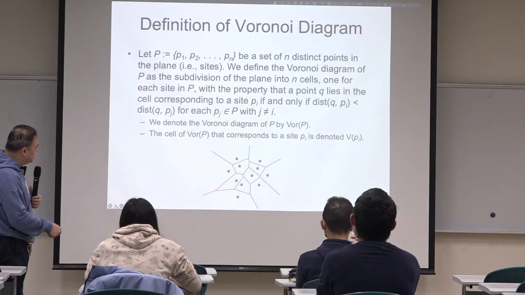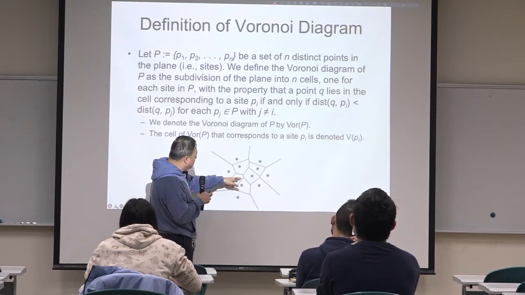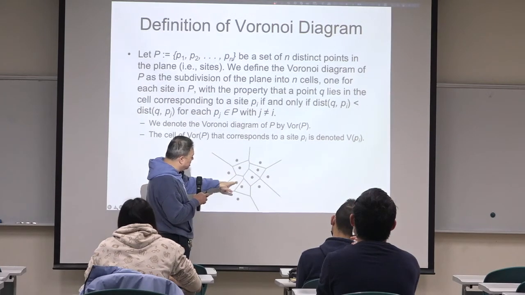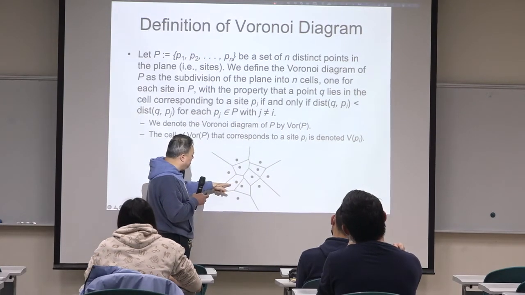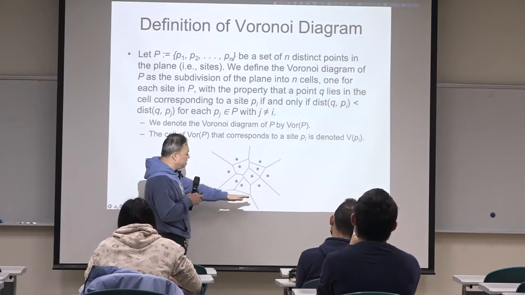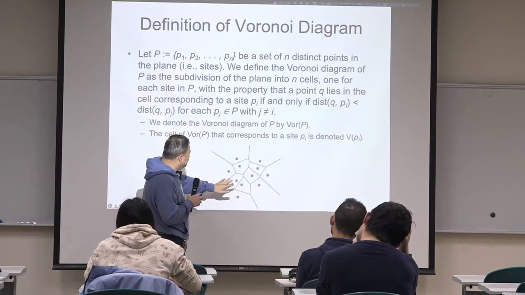The points in a cell, for example the points in this cell, are closest to this site compared with any other site.